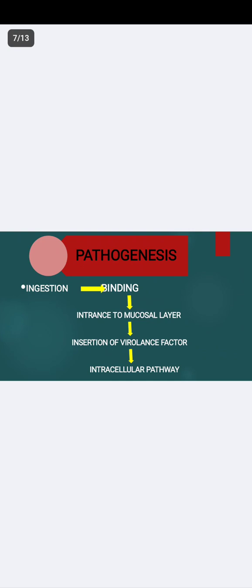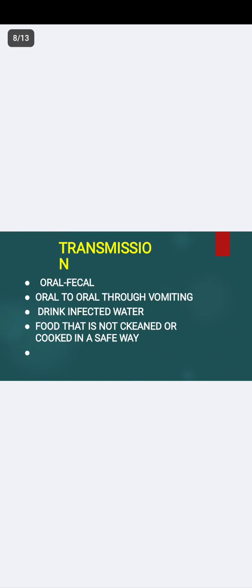Firstly, when we ingest this bacteria either in food, other contaminated food, or from the environment, it will bind to our body surface and enter the mucosal layer. In the mucosal layer it inserts its virulence factors and further goes to the intracellular pathway.